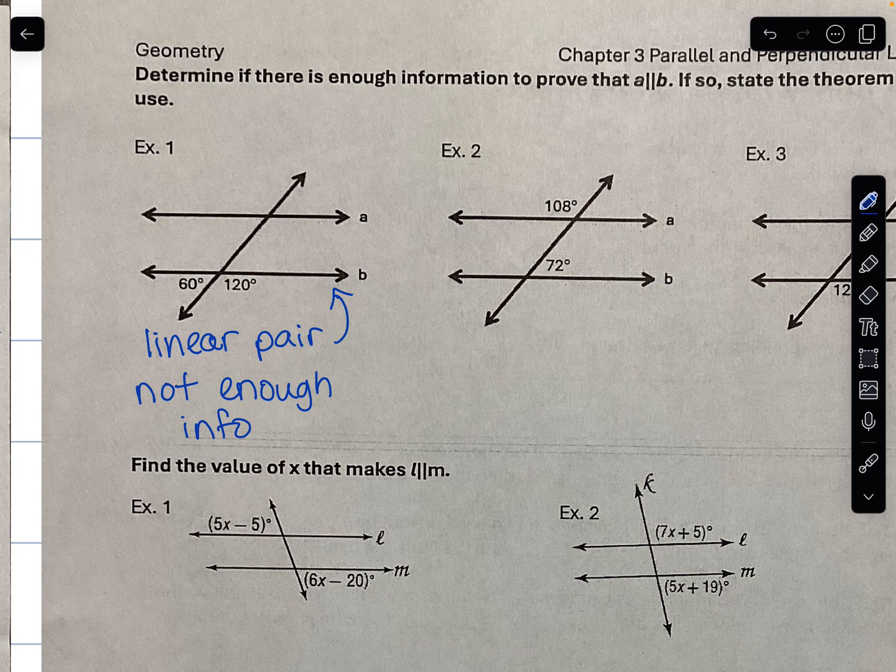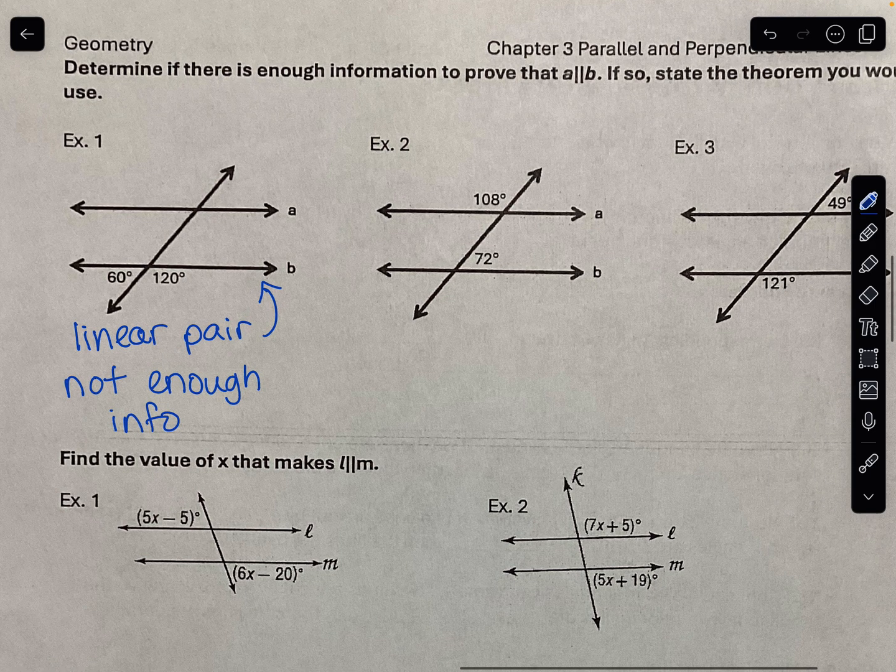All right. What about example 2? It's alternate interior, correct? And there is enough information. How would you know that? Because it's on the other side of the line. Let me ask you this one question. What do we know about this right here? It's 108. We for sure know it's going to be 108, right? Because we know all vertical angles, okay?